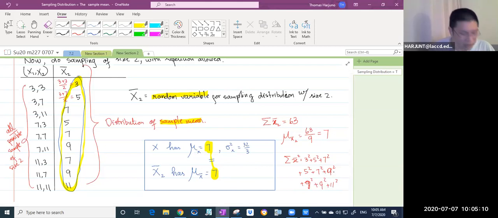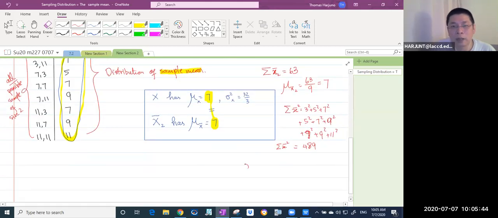But I don't want to do it that way. So 3 squared, plus 5 squared happens 2 times, plus 7 squared happens 3 times, plus 9 squared happens twice, plus 11 squared, I get 489. So the sum of x bar squared is 489.